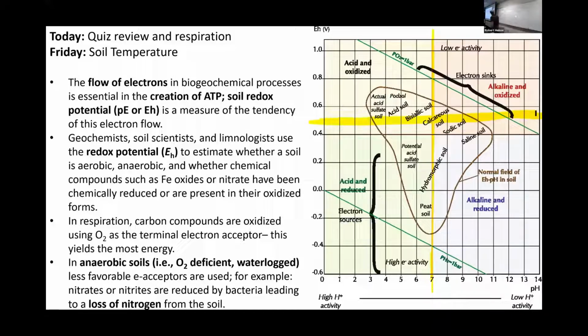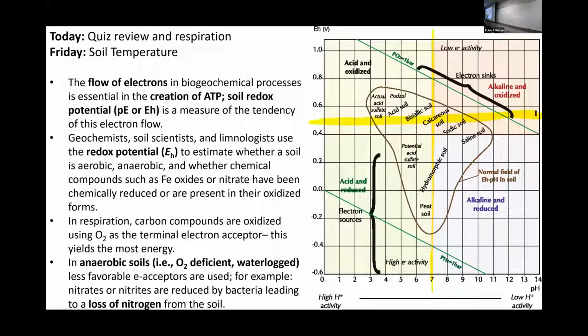So if we go north of this, that means we have a lower electron activity. And so things at this end are going to be more intense or have a tendency to accept electrons, versus if we go to this end with a higher electron activity, we are more going towards a tendency of the ability to donate electrons.